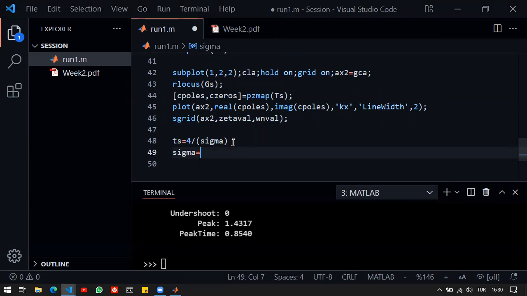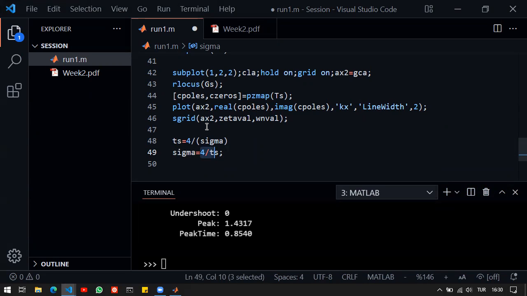Since I will have complex conjugate poles, I'm choosing the real value for them. So this is basically 4 divided by TS. If I draw a line at 4 divided by TS on the S domain, that line represents all the poles that end up with the same settling time.